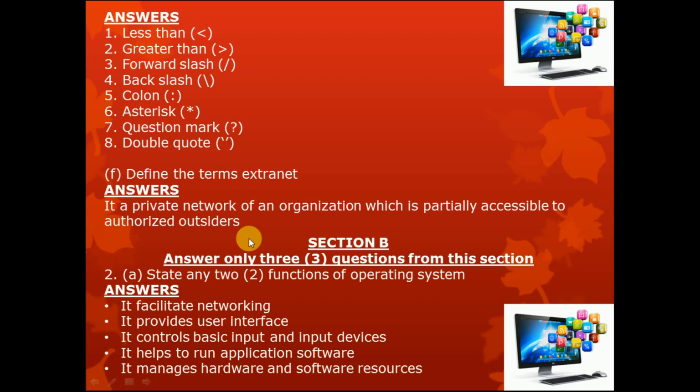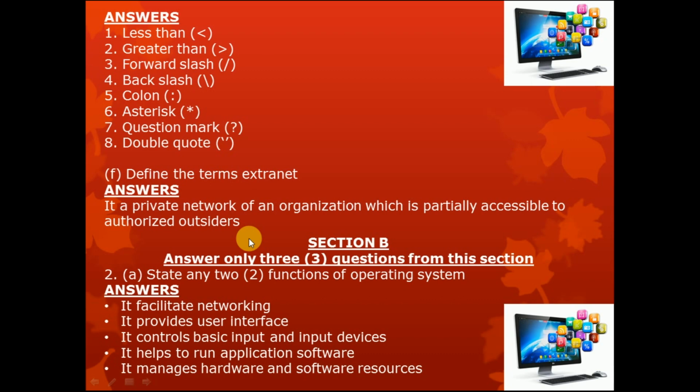Those outsiders who know about the network are those who use the network. So it is partially accessible to authorized outsiders. Authorized means that it is not all. Good.